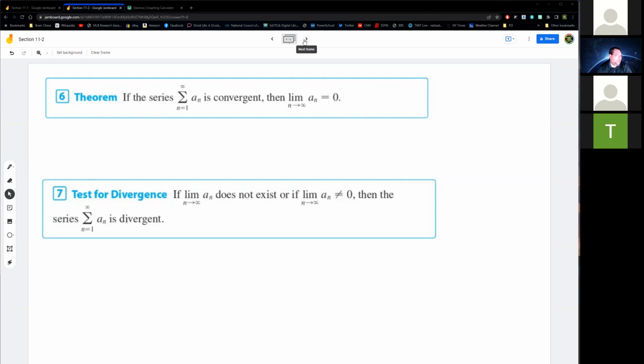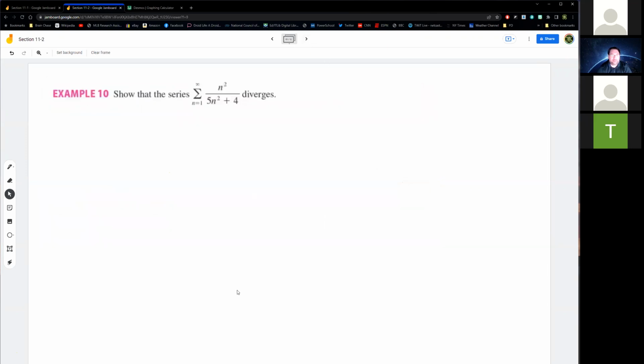All right, we're going to do one of those problems and then we're done. All right, so I want to show that this diverges. So if it diverges, I can do my test for divergence. All I need to figure out is what the limit of this is. If it doesn't equal 0, I know it diverges.